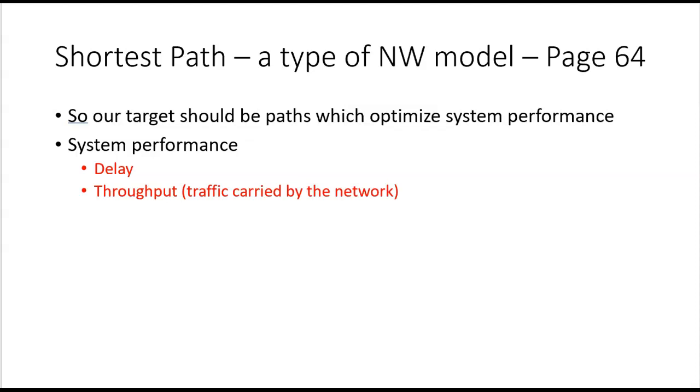Our target should be paths which optimize performance. System performance might be impacted by delays or throughput, the volume of traffic that you're trying to get through, the distance that the traffic has to go, and various other nodes around the world.